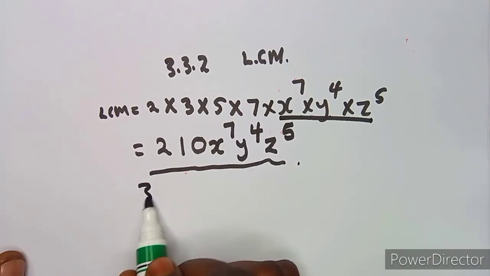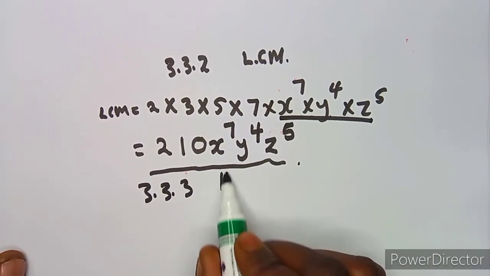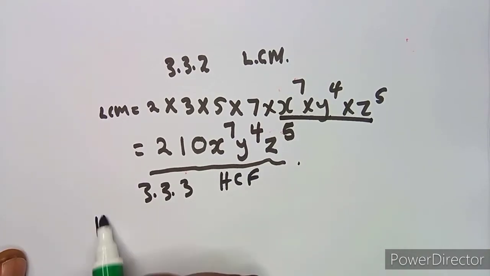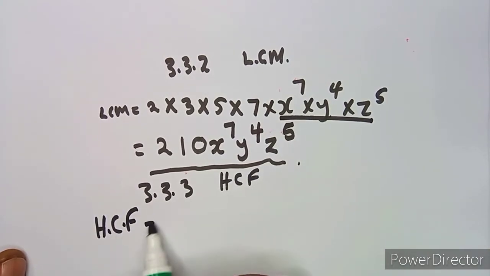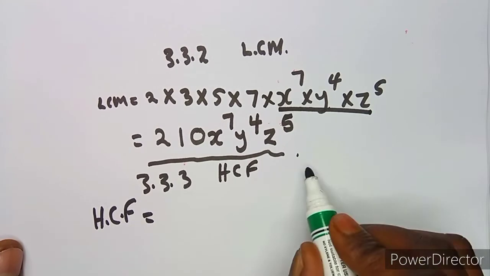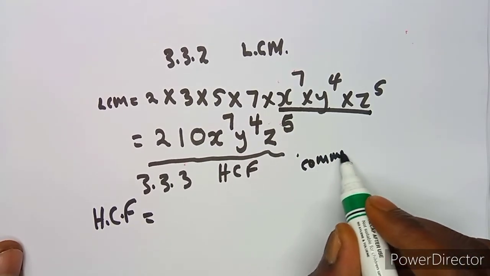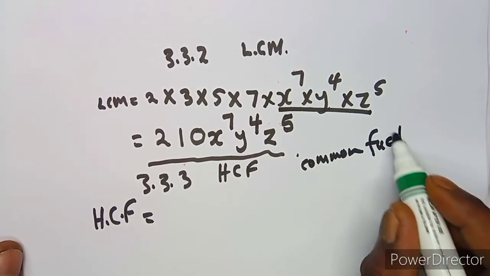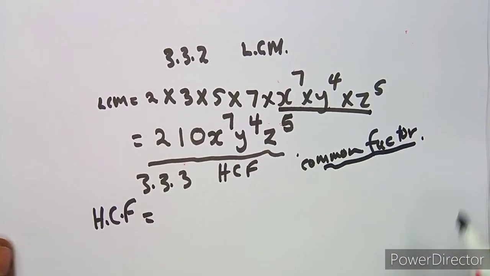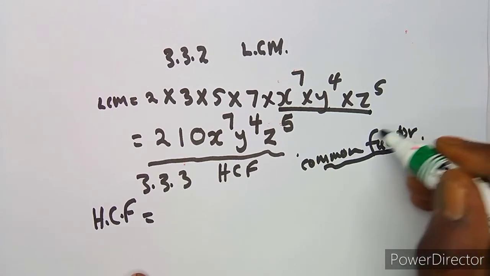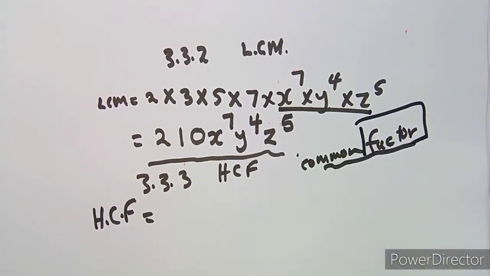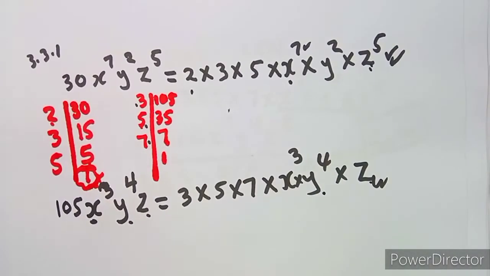All right, then 3.33 is now the HCF. Remember, guys, on the HCF, I told you that this is a common factor, so it must be seen throughout. A factor should be seen throughout here. So let's see the terms which are common throughout.